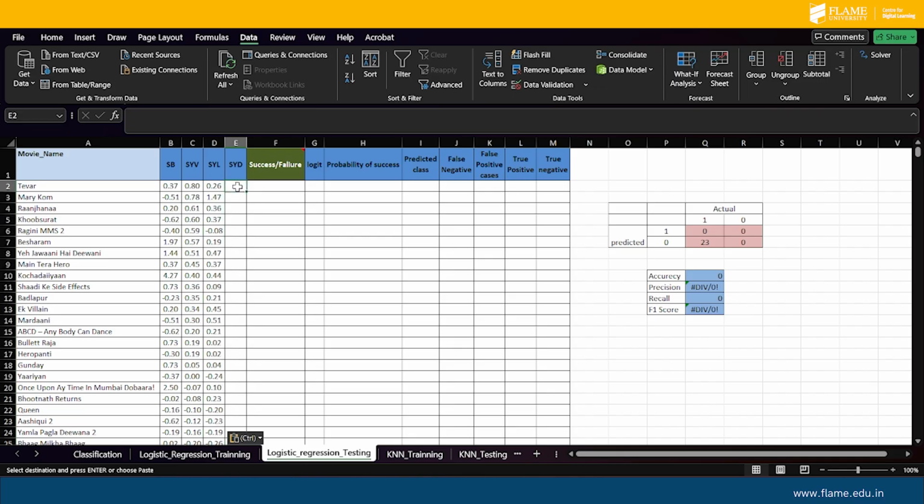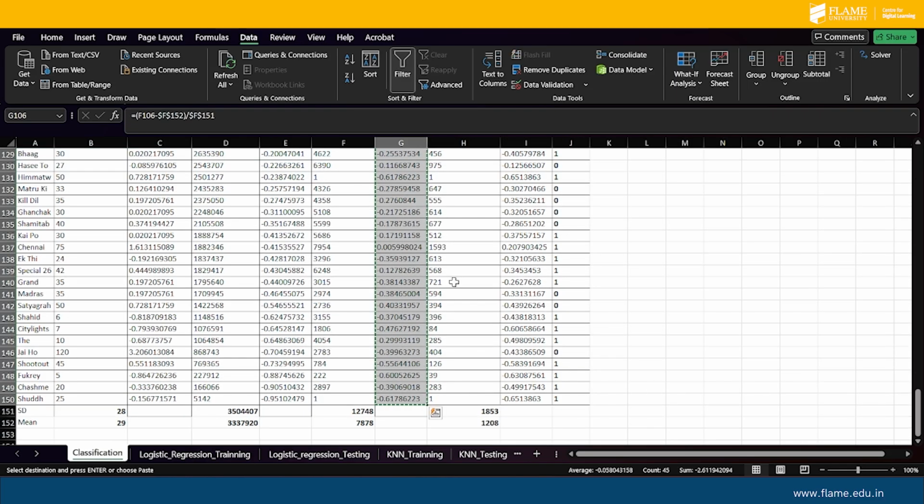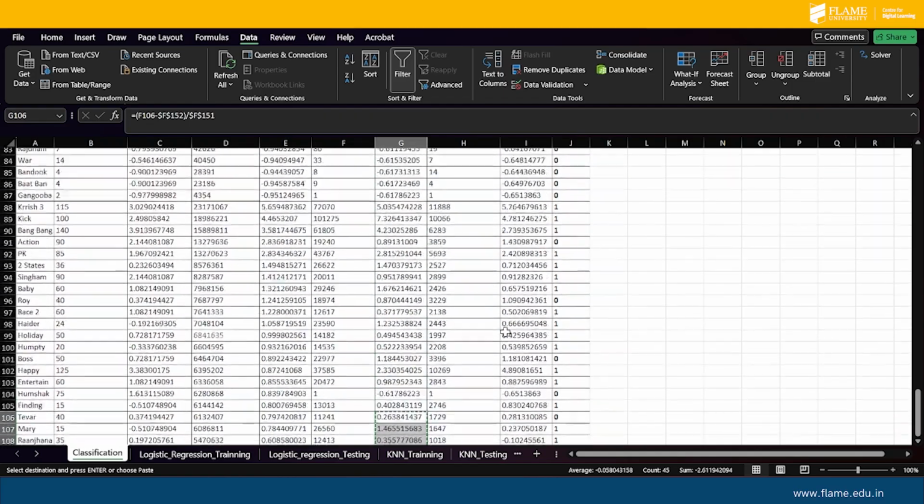And for the remaining last feature also we will copy paste.